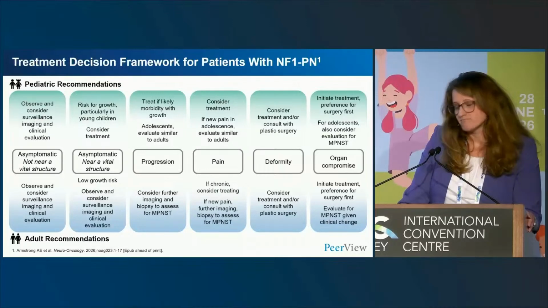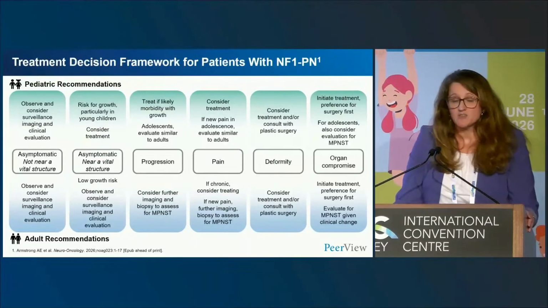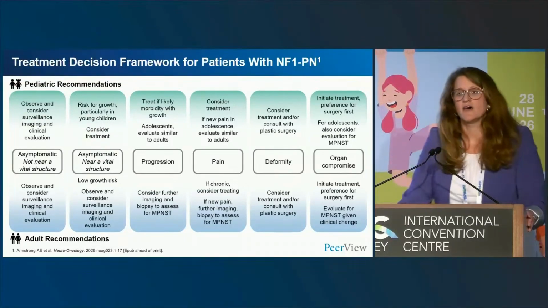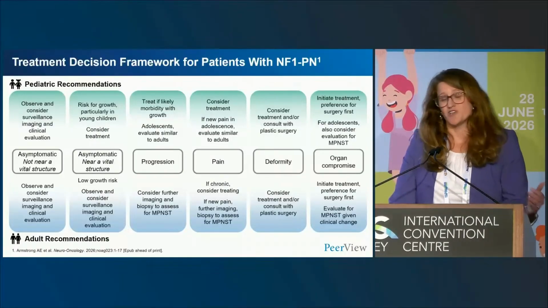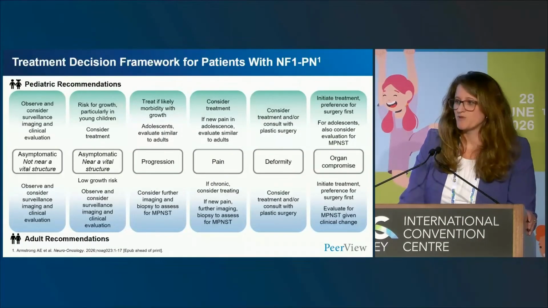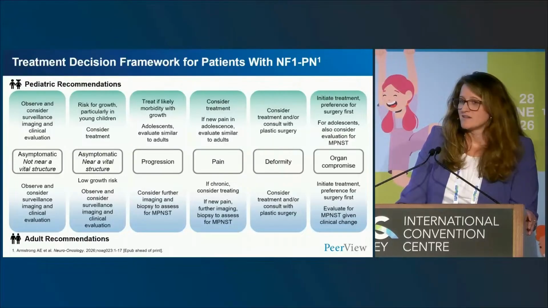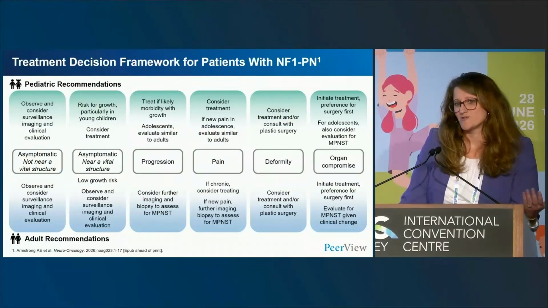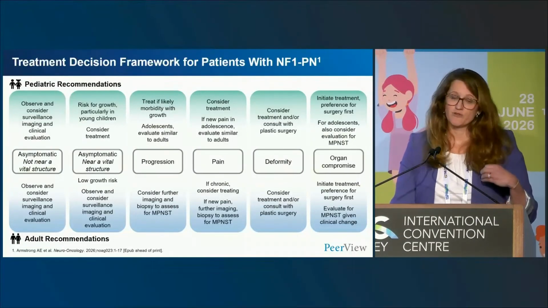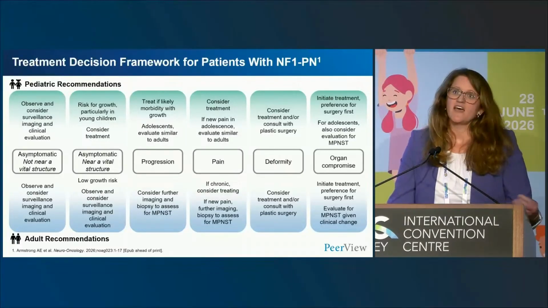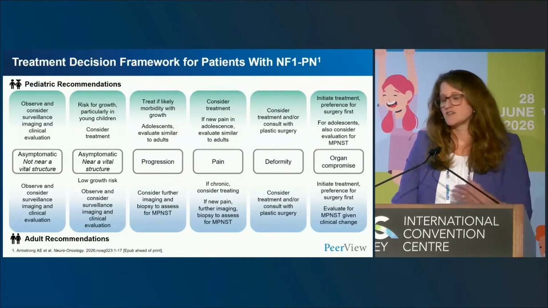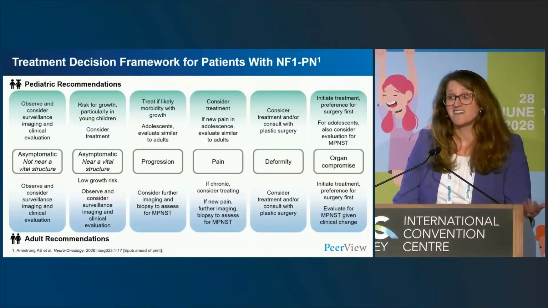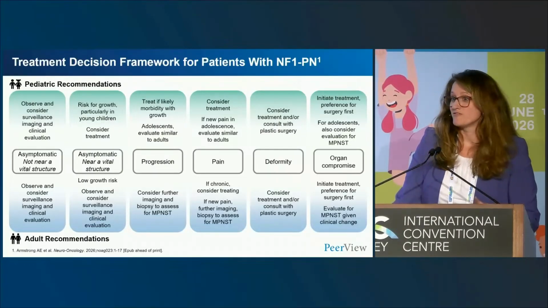Deformity. Same. This may be a case where we consider surgery, but then there's also the question of what role do MEK inhibitors play with surgical resection, right? Is it worth trying the MEK inhibitor up front and then seeing how they do, move to surgery, try the MEK inhibitor to prevent growth, right?